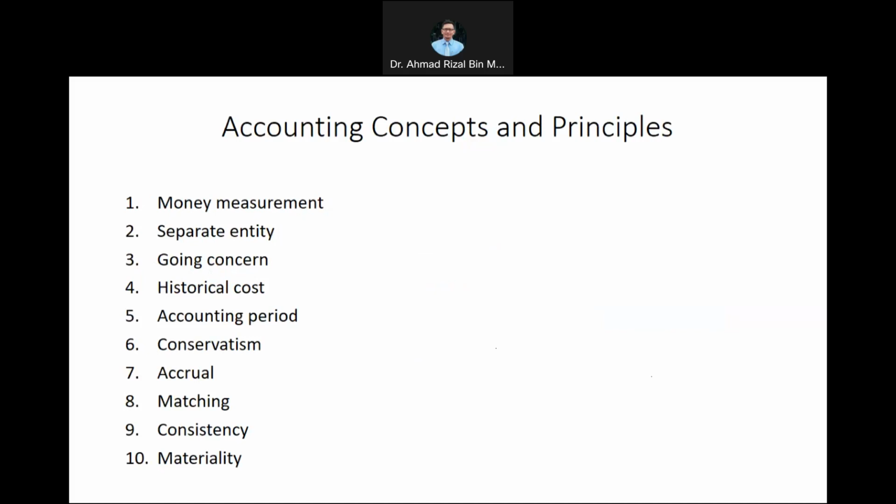Secondly is the separate entity concept. A business or a corporation is a separate legal entity, separate from the owners and also the management that runs the company.